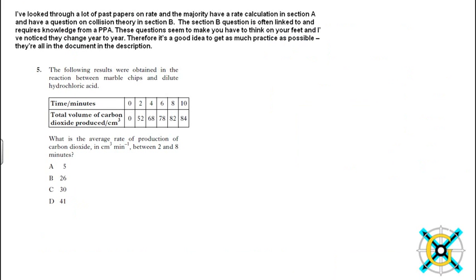Something I've noticed looking through a lot of past papers on rate is that the majority have a rate calculation question in section A and have a question on collision theory in section B. The section B question is often linked to and requires knowledge from your PPA. These questions seem to make you think on your feet, and I've noticed they change year on year. Therefore, it's a good idea to get as much practice as possible. They're all in the document in the description, so you can try them as much as you want.